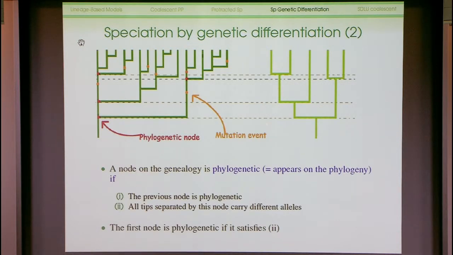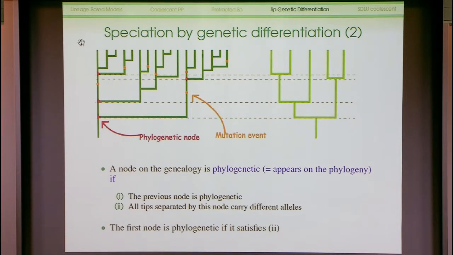So we did that, and for example here on this picture, you have mutations in orange here, all the mutation events are in orange, and some of the nodes in the genealogy here are nodes in the phylogeny, but not all, of course. If all were nodes in the phylogeny, this would be the phylogeny.